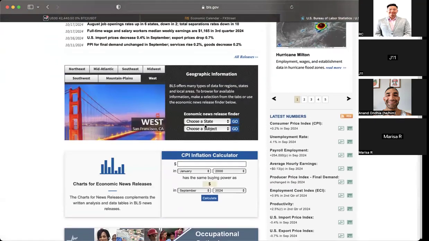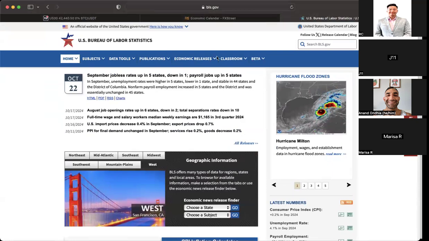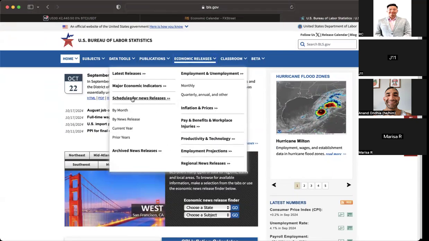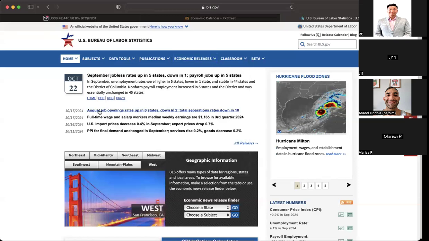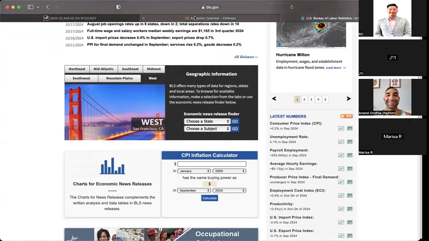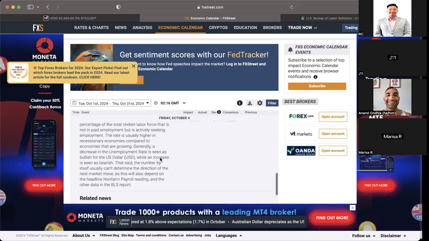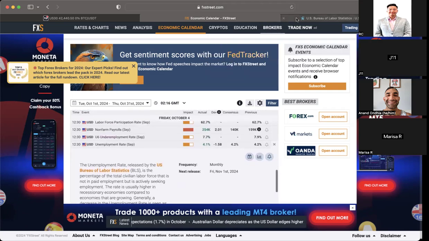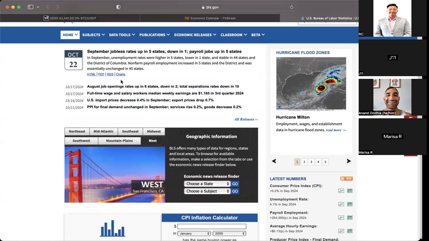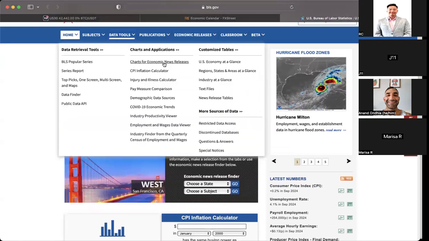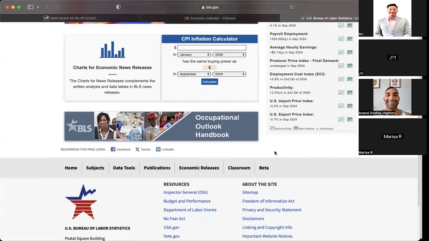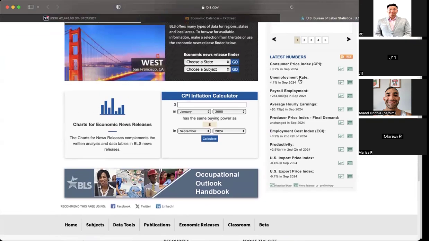It always gets trickier trying to find the report after the announcement has already been released. Okay, there should be a direct source. Normally when I click on it, it gets me right to the article, but sometimes they pull the article. That's the issue. Data tools. Where the hell is it?